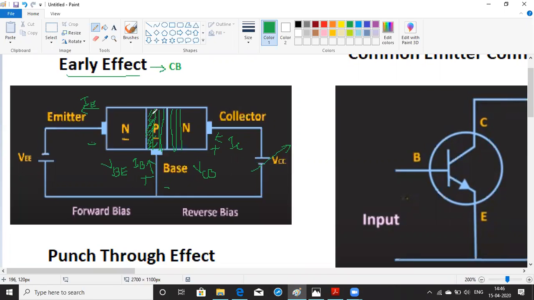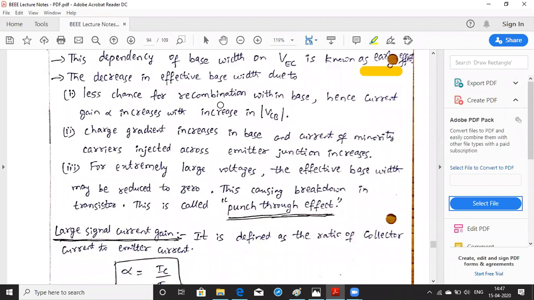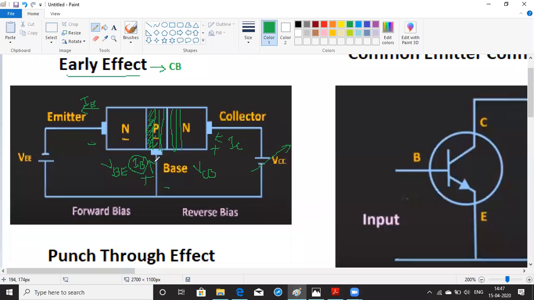Whenever it is reduced, automatically the base current will also reduce. So that indicates recombination will be reduced, and therefore, with less chance of recombination, alpha increases. Why does alpha increase? Because the base current is decreasing. Oh sorry, I wrote increasing. No, the base current will decrease.